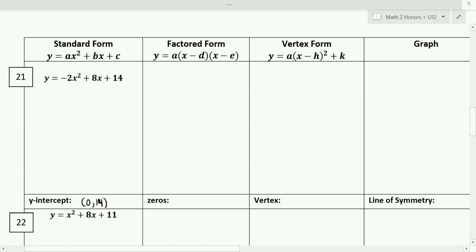Okay. You could try factoring it. This one it's not going to work though. Okay, I'll just tell you, I'll save you the time. So this one's not going to factor. We're going to have to use this method of getting into vertex form. You want to try it without me? Try it without me, and then we'll compare.